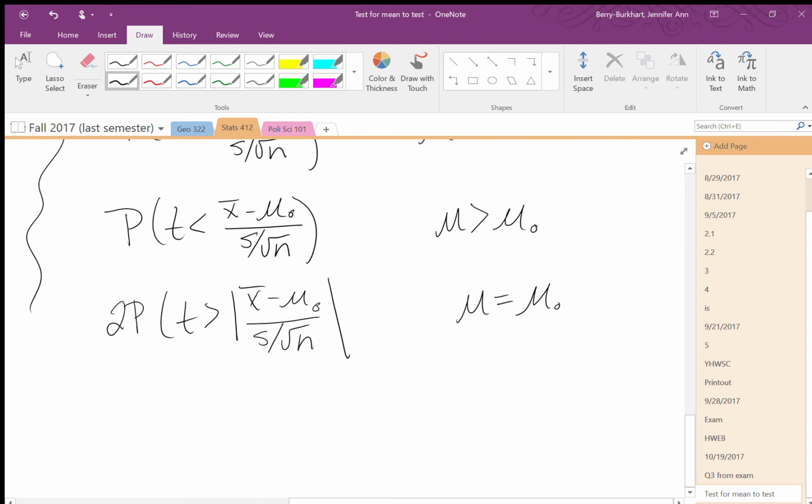It's going to be 2 times that. Why is it 2 times that? Basically, if I only take the positive value of this thing and look at P greater than that, I'm doing a two-sided test, so I have to get the lower tail and the upper tail, no matter what happens, no matter what x bar minus mu is. Okay, so it's equal to that.